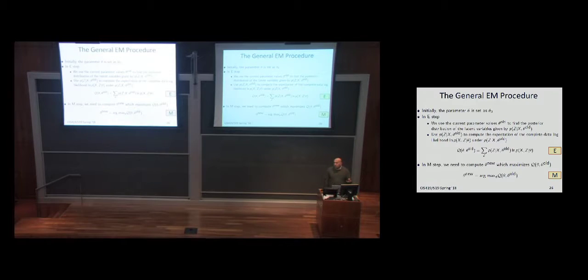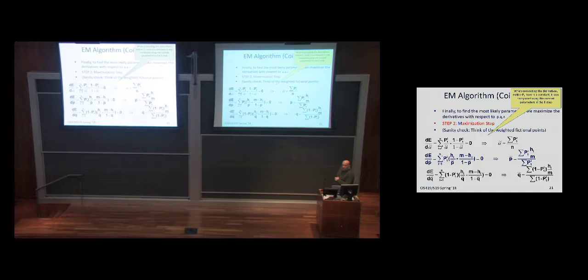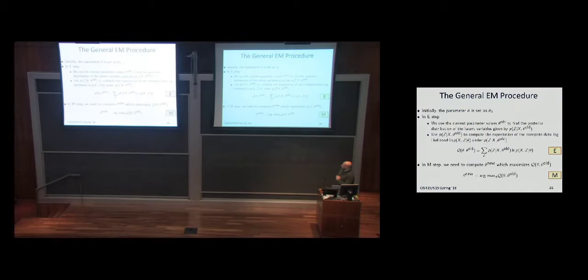How do I compute the argmax? I'm differentiating relative to each one of the parameters and computing the maximum. If I only had 3 options for the parameters, I would just compute the value for each one of them and choose. But in general, because the parameters are continuous, I'm differentiating relative to each one of them and choosing the max. So this is a more obscure way to do what we've done here in a very explicit way, but this is the algorithm.